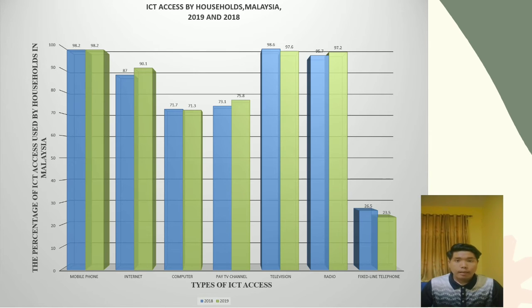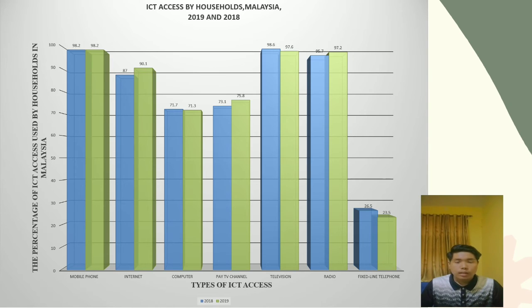It can play an important role in educating the public about corruption, and they can increase their knowledge of the social and political world. However, as we can see in the graph, television consumption by household in Malaysia shows a high percentage of 98.6% in 2018.